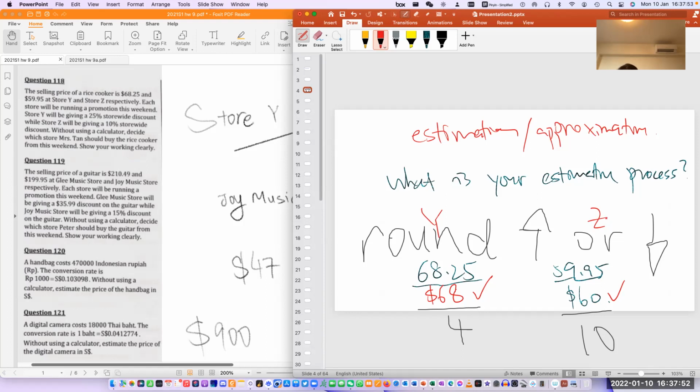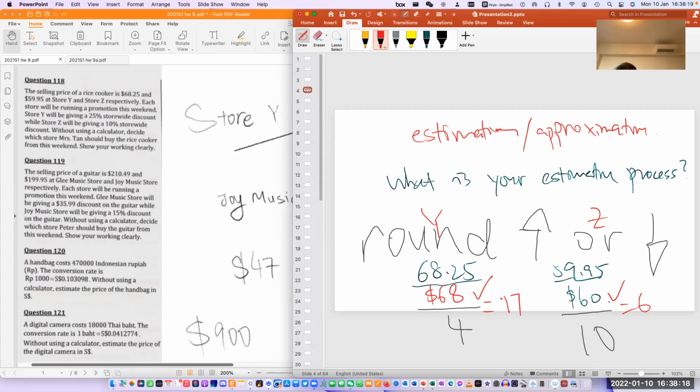Divide by 4, divide by 10. Okay, this is one way. Yep, you're right. When the store gives a 25% discount, you divide by 4. So basically you get 17, and then over here it goes to 6.